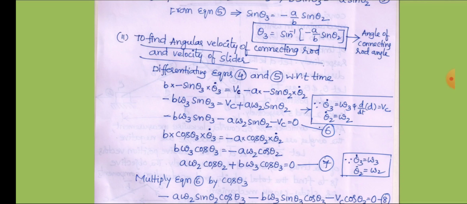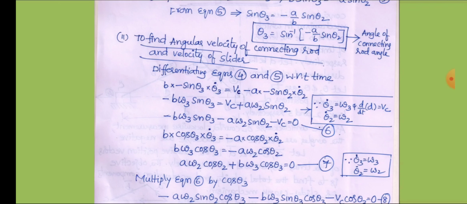Equation 3 is nothing but displacement. So now I will take equation 4 and equation 5, because I got equations 4 and 5 from equation 3. What is that equation 3? Displacement. If I differentiate the displacement with respect to time once, I am going to get velocity.